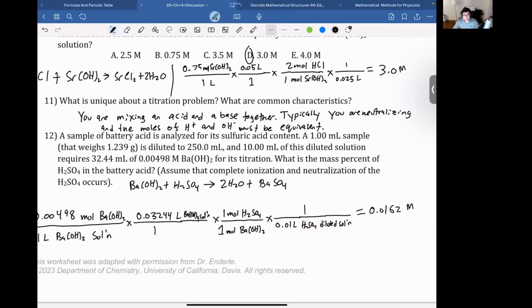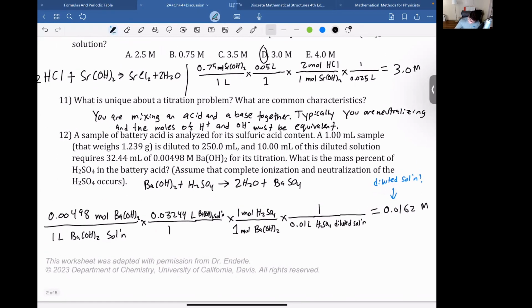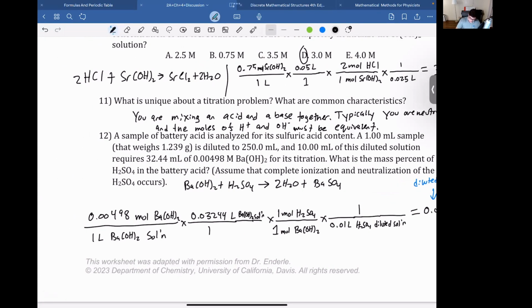And we're not done because this is the diluted solution. So how do we get the original solution? Well, as I just said, it's dilution. So think M1V1 equals M2V2.